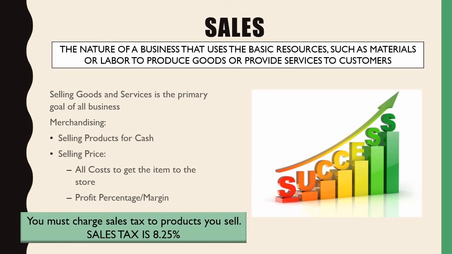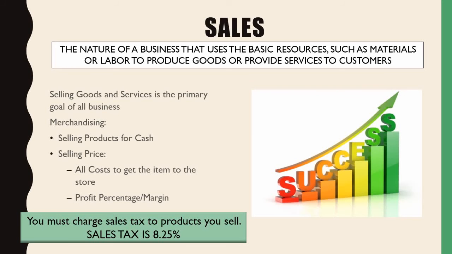So the state charges a certain percentage, and then depending on what city you belong in, there's an additional tax. For this class, we're going to make it simple and easy. We're only going to use 8.25%.